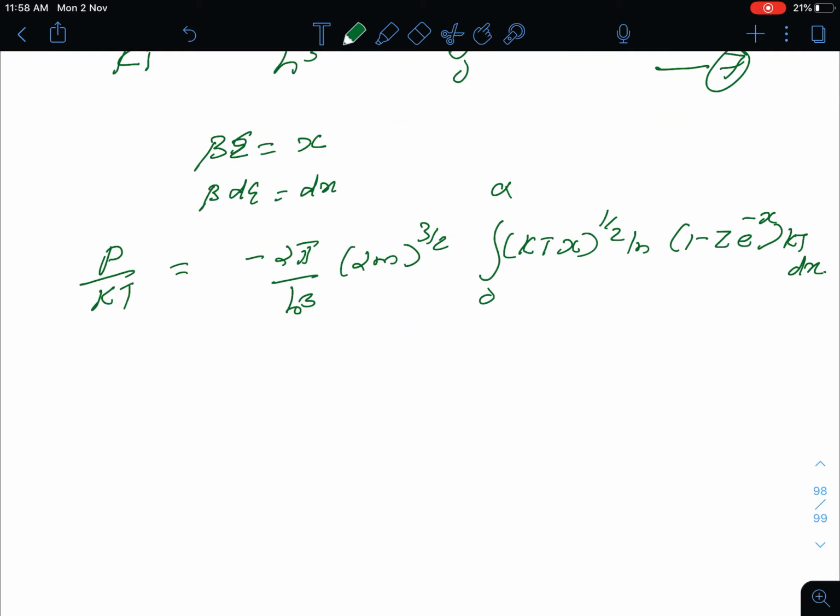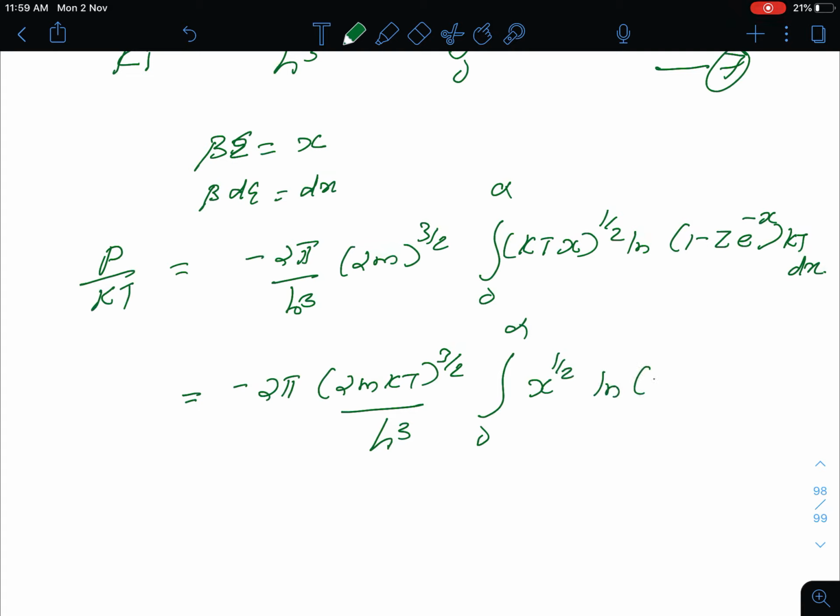So kt raised to half times kt, so kt raised to 3 by 2. So minus 2 pi 2m kt all raised to 3 by 2 divided by h cube, integral 0 to infinity x raised to half ln 1 minus z e raised to minus x dx. Good. This is the integral we will be getting.